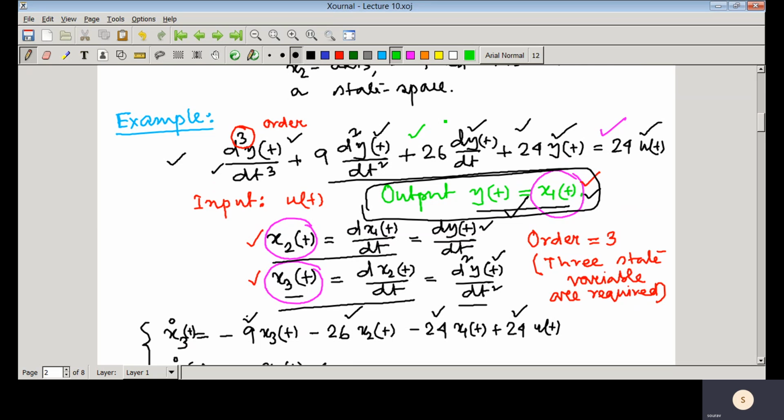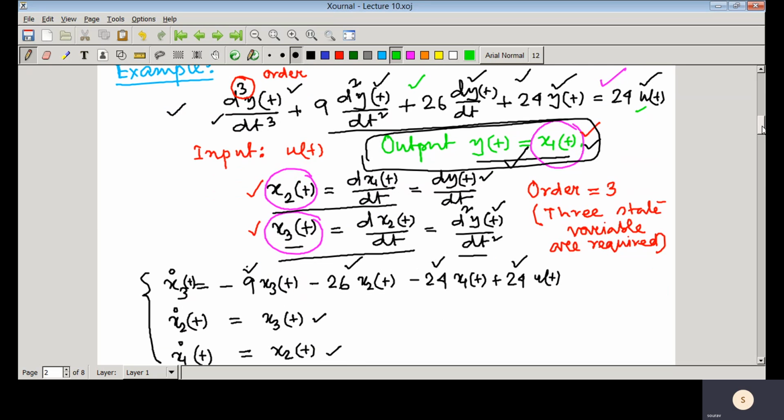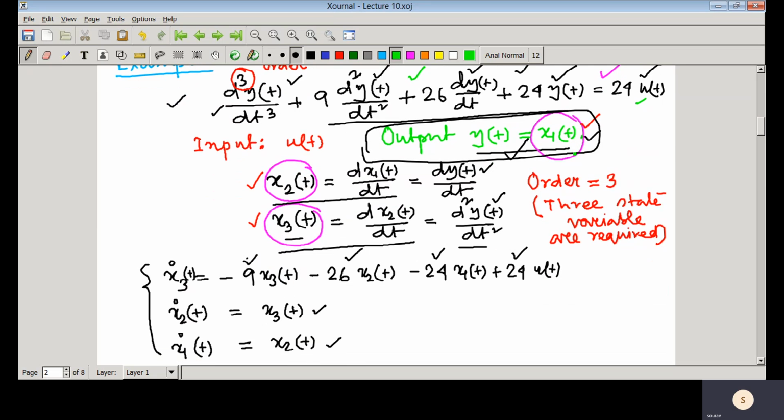So that means whenever a dynamical system is described by one differential equation, just by defining three state variables, and here I have shown how to define state variables and how to choose the number of state variables.